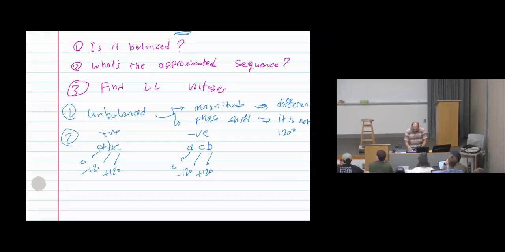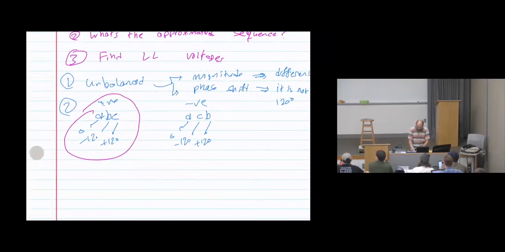It's close to ABC. Therefore, we will say it is positive sequence. And again, it's approximated because it's not 100% positive sequence, but close to it. So positive sequence, or in other words, you can say either positive or ABC sequence. Both of them are correct. Okay?